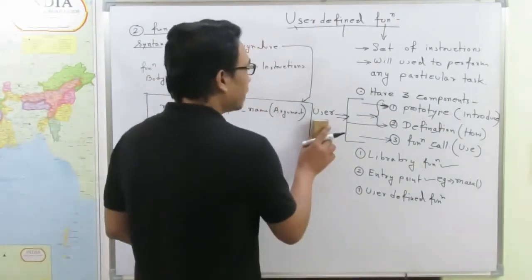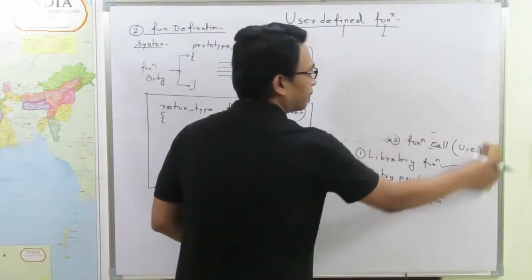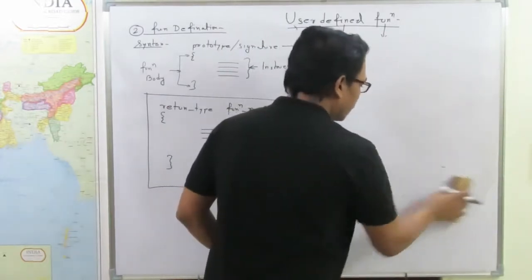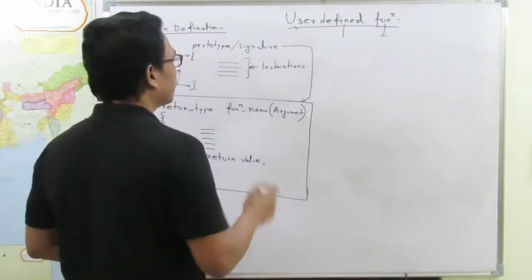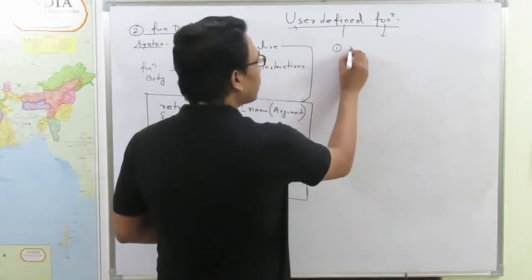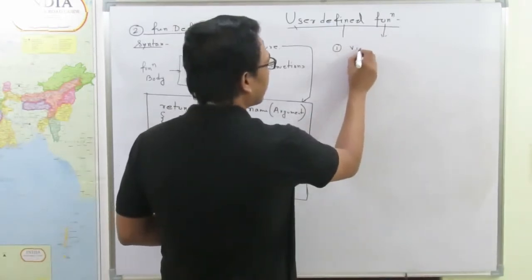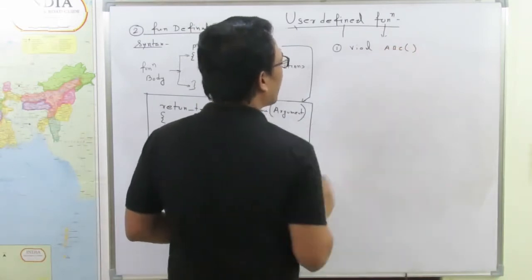So let's create bodies for those functions. The first function we create is void abc and then no argument.